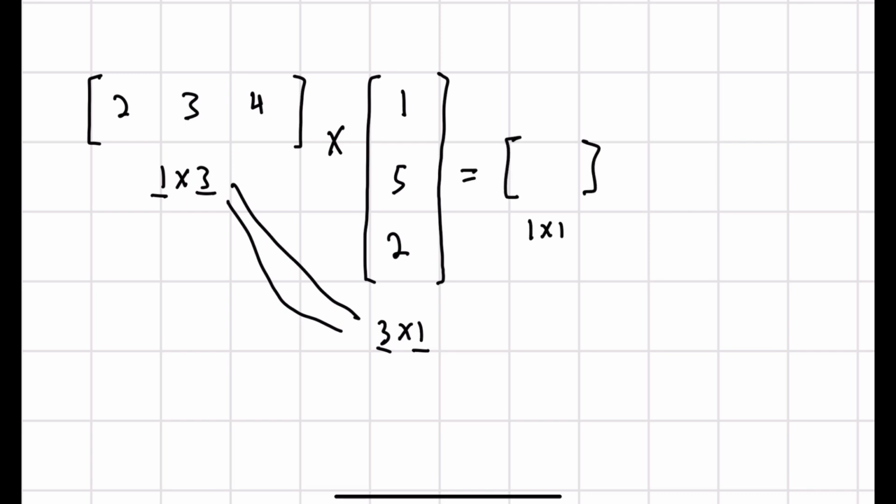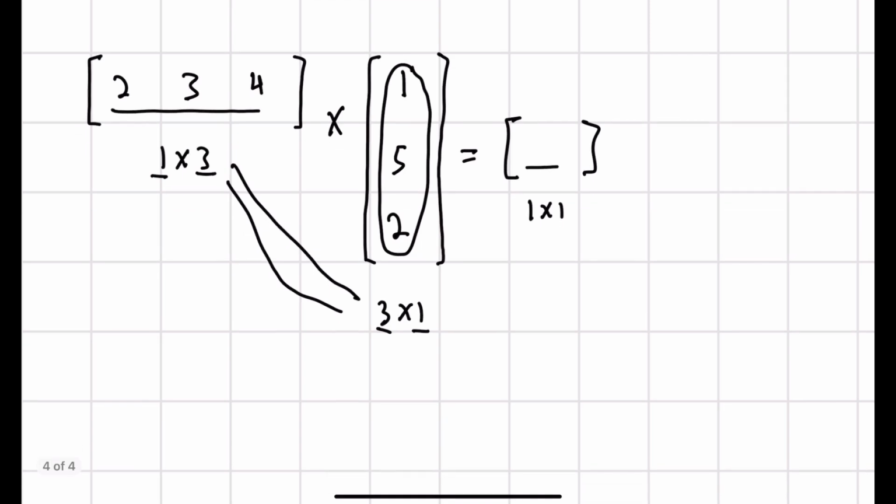So for our first matrix, we have 1 row, and for our second matrix, we have 1 column. And to obtain the value of our only cell for the result matrix, we would have to perform the dot product.